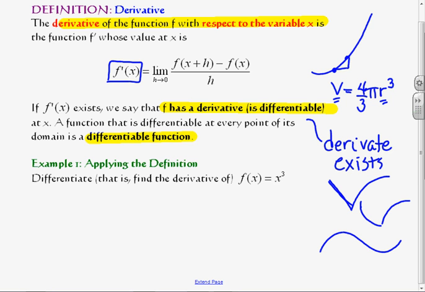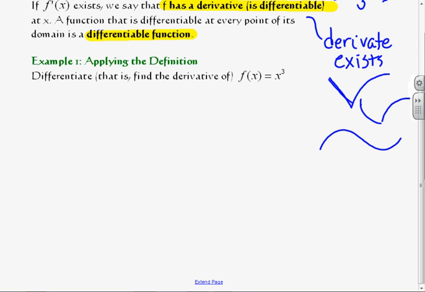So let's do, really quick, let's remember how to do the derivative of x cubed. But I want to know specifically what is the slope anywhere on the curve? And I know x cubed looks somewhat like that. Actually, let's get a better picture, because I know what happens at the origin. Okay, that's x cubed.